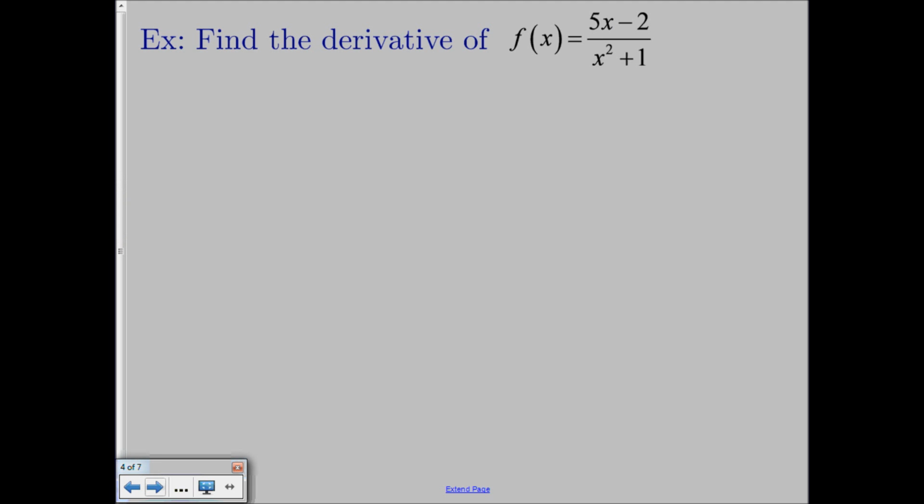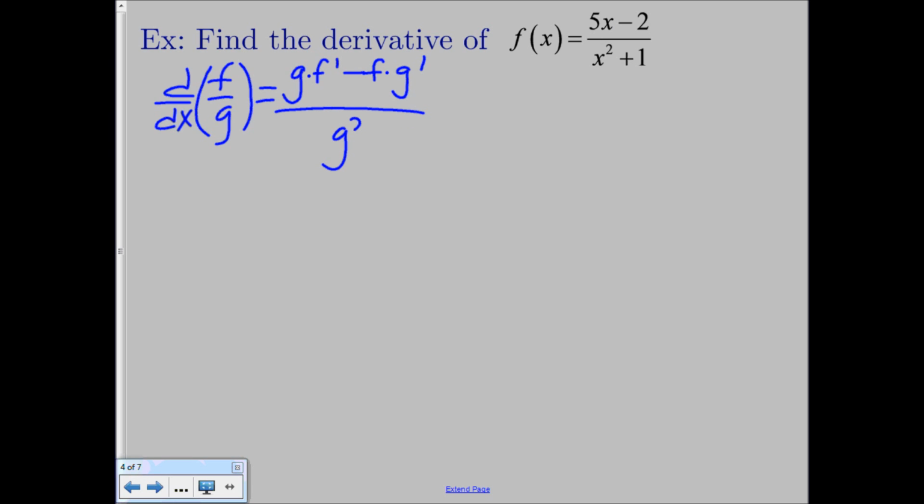Okay, so our first example for today is going to be finding the derivative of 5x minus 2 all over x squared plus 1. Okay, so first let's write our quotient rule up on the board, just to help us remember what to plug into. So our derivative of f over g is just g times f prime minus f times g prime all over g squared.